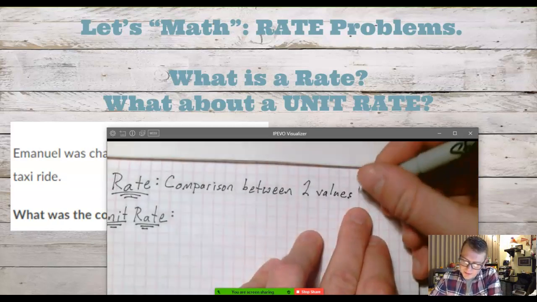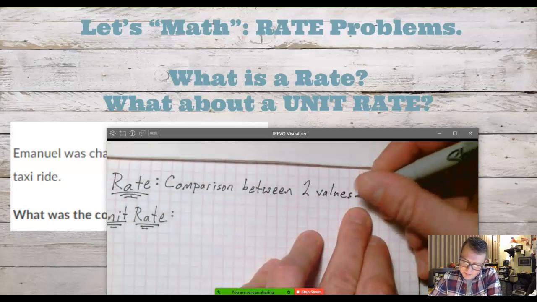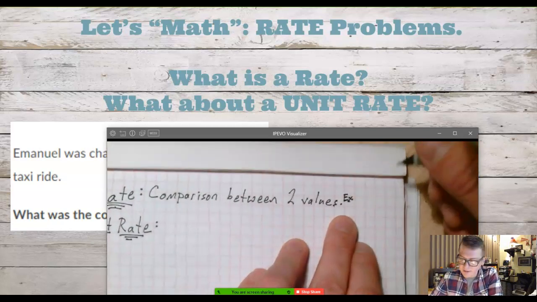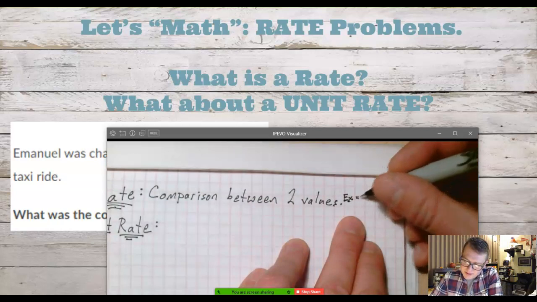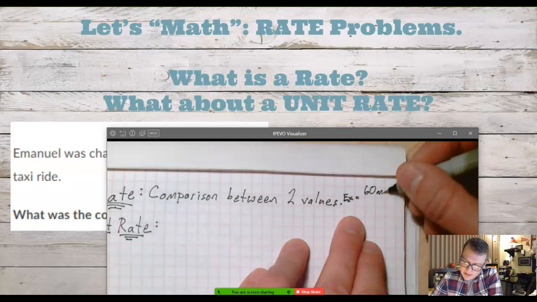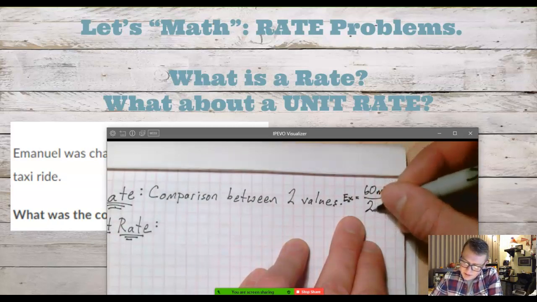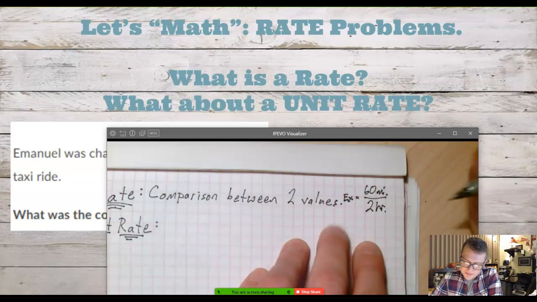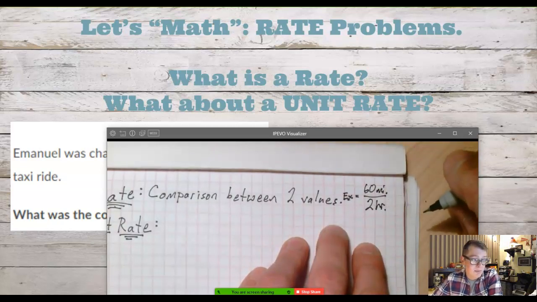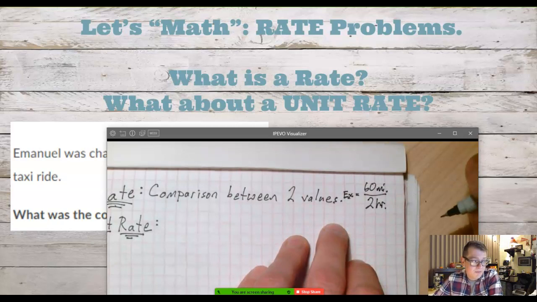So, for example, up here for rate, I'm going to say if you drive 60 miles in 2 hours, that's a rate. If I drove 60 miles in 2 hours, that's a rate.